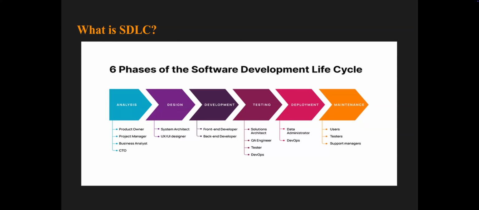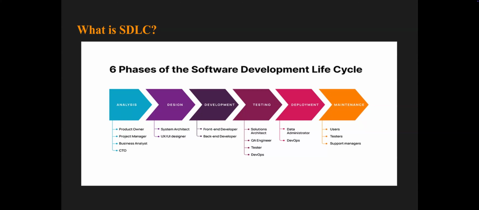So let's take an example of the SDLC process. Let's see how applications are developed in the SDLC methodology. There are 6 phases in the SDLC process to develop an application. The first phase is analysis, or the requirements phase.